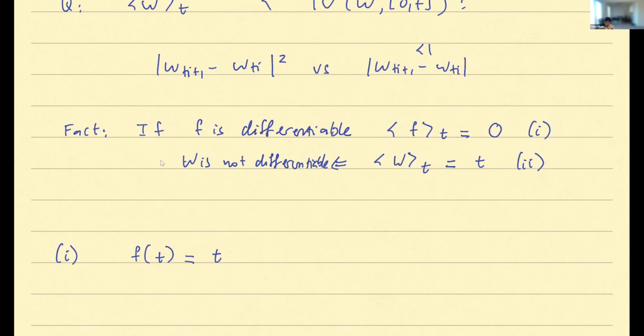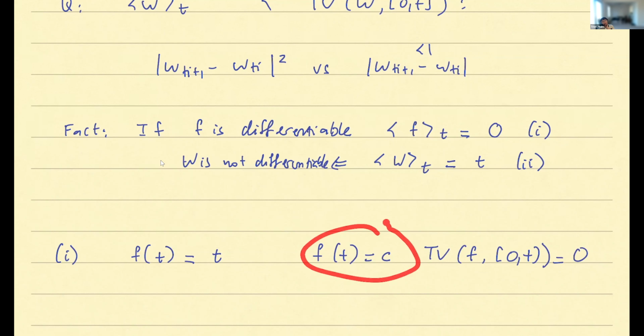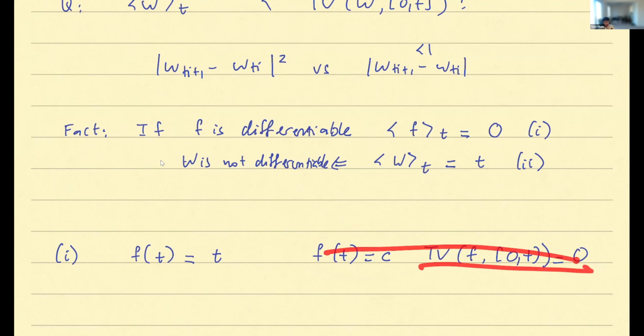By the way, just so you understand, suppose that I have a constant function. What is the total variation of a constant function? Zero. So even though a constant function is technically the easiest, it's so trivial that even the total variation is 0. There's nothing I can talk about.